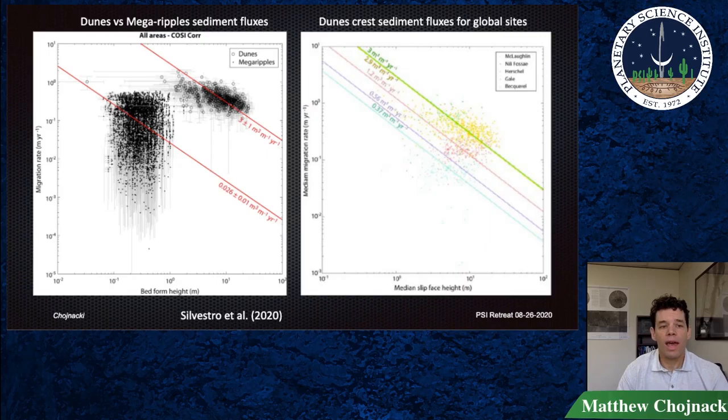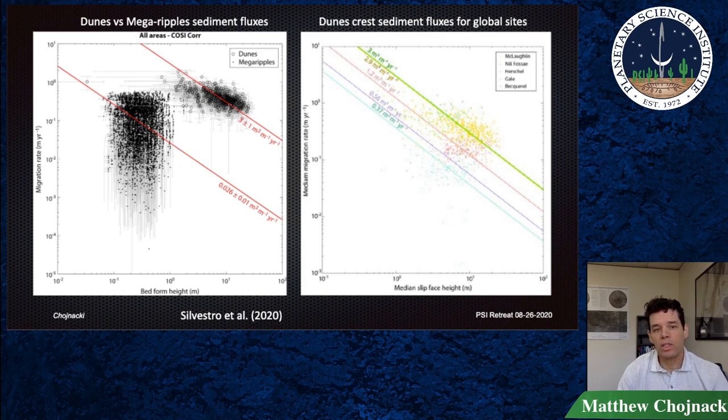Looking at the left plot, we quantified the sediment fluxes by looking at the heights versus the migration rates, and the lower sediment flux mega-ripples are clearly separable compared to the dunes, a few orders of magnitude less. We also looked and compared that with different dune fields that weren't showing mega-ripples on the right.